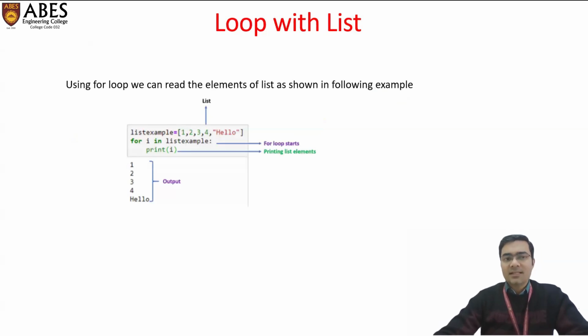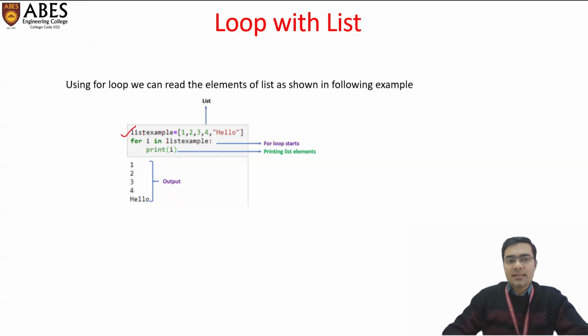Now, loops with a list. Using a for loop, we can read the elements of the list as shown in the following example. As we saw earlier, there are different methods through which we can access the elements of a string, and similarly we can also access the elements of a list. In this example, I am using the for loop for accessing each single element of the given list.